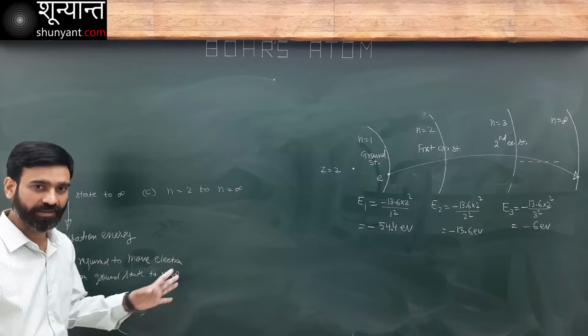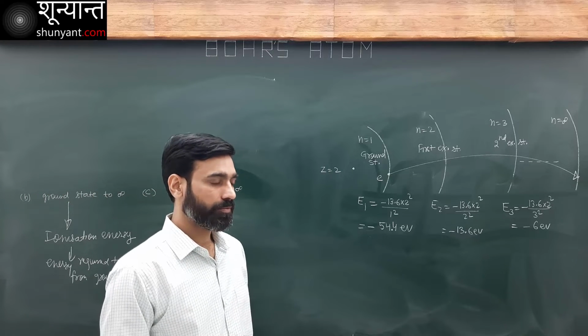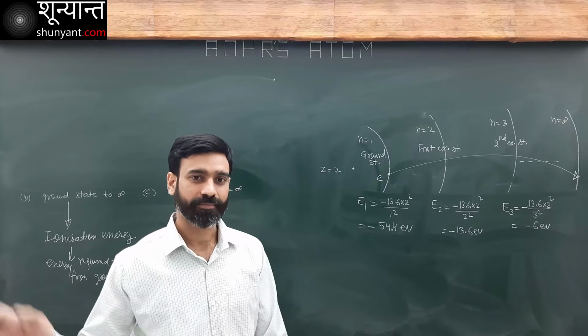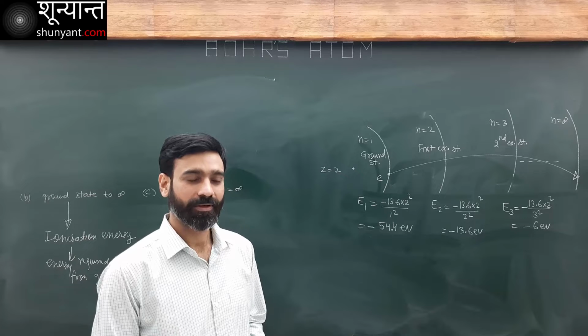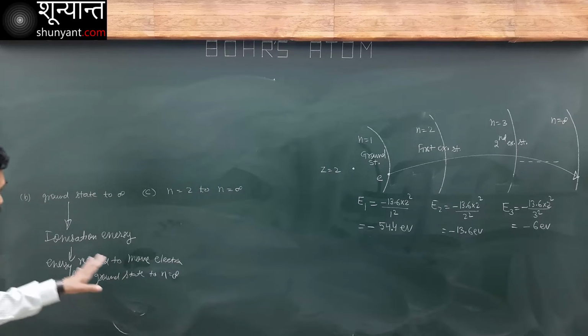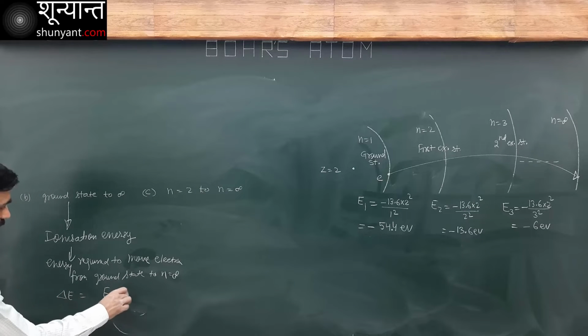That means it becomes free. Or you can say that to detach the electron permanently from the atom, to remove the electron, it is known as ionization energy. So what will it be equal to? This is delta E. It will be equal to E infinity minus E1. That's it.